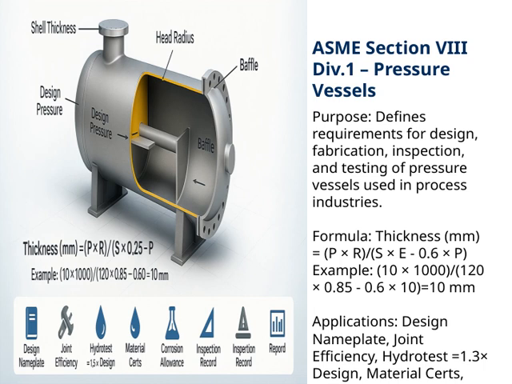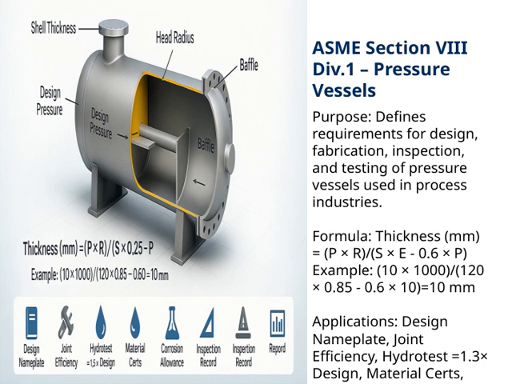Moving on to applications, this standard influences many aspects of pressure vessel design and documentation. We're talking about the nameplate design, joint efficiency, and hydrotest requirements, often set at 1.3 times the design pressure, to verify the vessel's integrity. It also covers material certifications, corrosion allowances, and maintaining thorough inspection records.